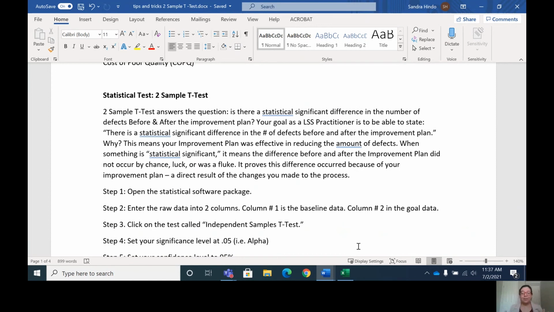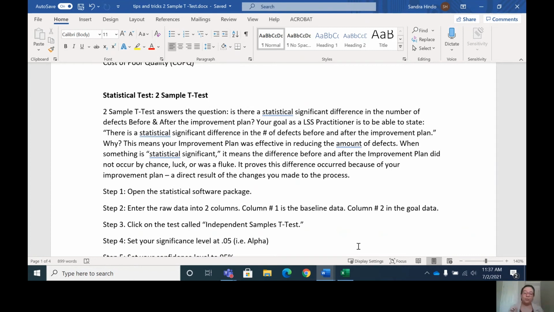There's a lot. But my friends, if you guys can stay with me for the next few minutes and master the two-sample t-test, you're going to be way ahead of the competition, because a lot of process improvement specialists, they don't even want to touch statistics because statistics has always been difficult for them.